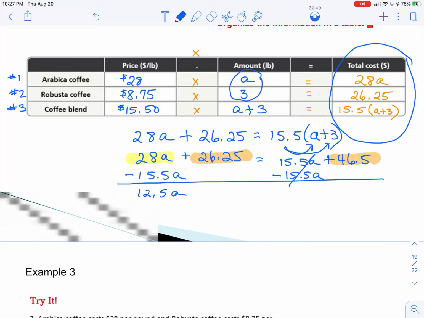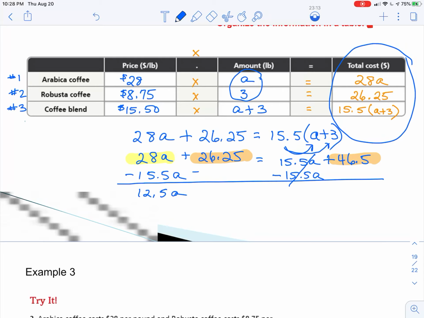Keep your A term on there. I know in class some of you were wanting to drop that off. That's why it's very important that you write down each and every step and make only one change for each step. Otherwise, you get lost in the process of things. Okay, now we want to get our constant terms together. So I have 26.25.